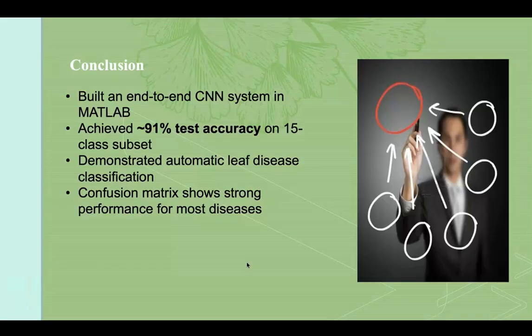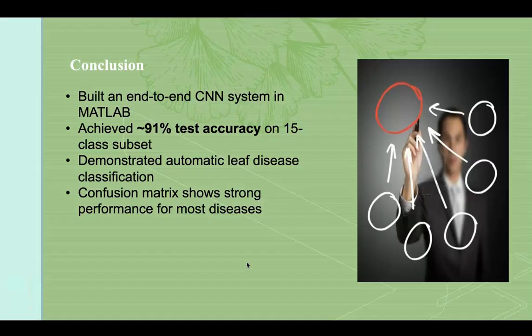Conclusion. To summarize, we built a complete end-to-end image classification system in MATLAB. We trained a lightweight CNN on a 15-class subset of the PlantVillage dataset. Our model achieved a strong 95% test accuracy.